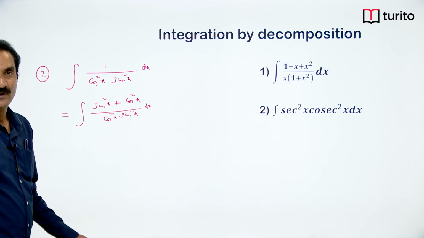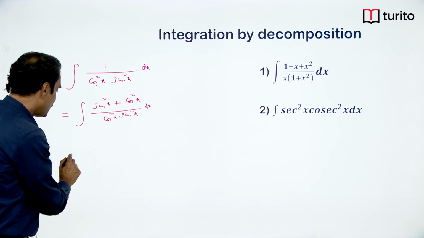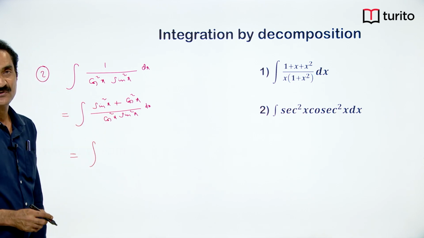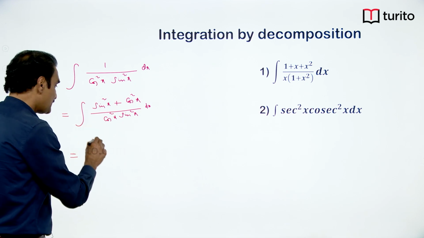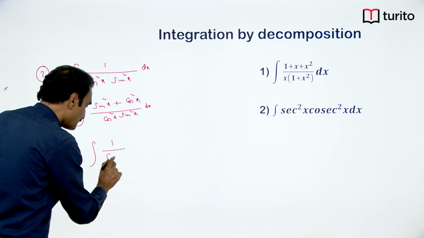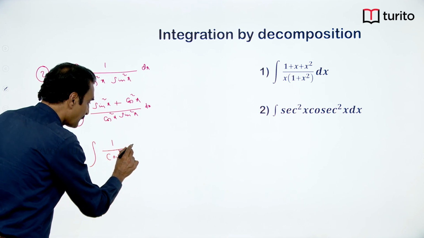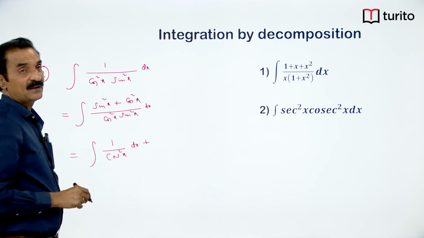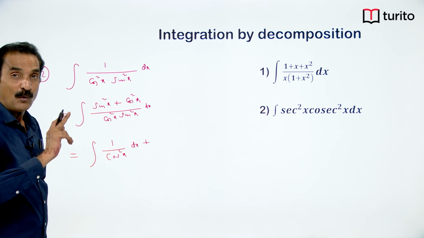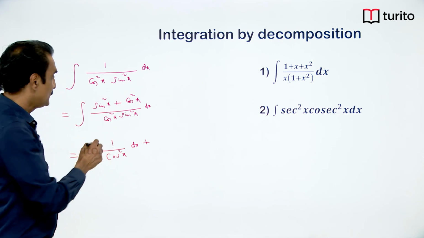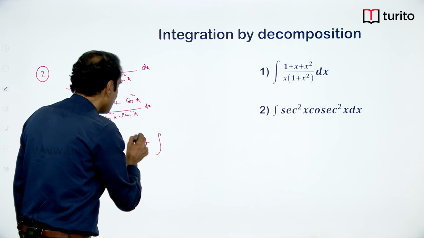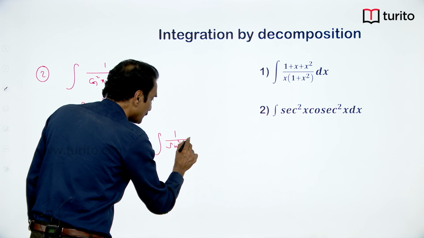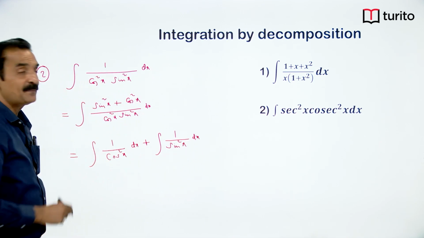Now, you will easily understand what to do. By separating the denominator, sin square x by cos square x into sin square x, sin square x cancels, we get 1 by cos square x. I will write separate integrals, plus cos square x by cos square x into sin square x is 1 by sin square x, cos square x cancels. So, it is integral 1 by sin square x. What is 1 by cos square x?